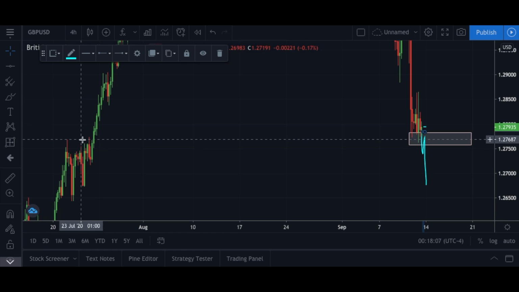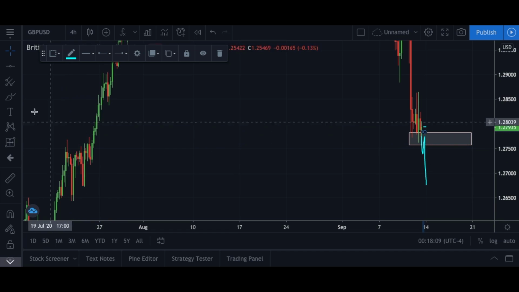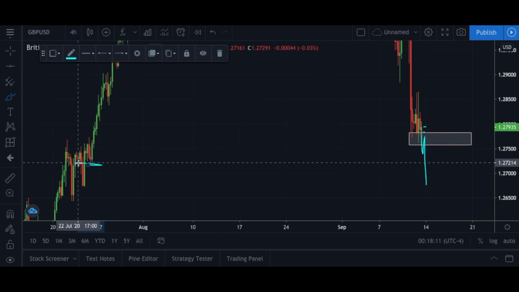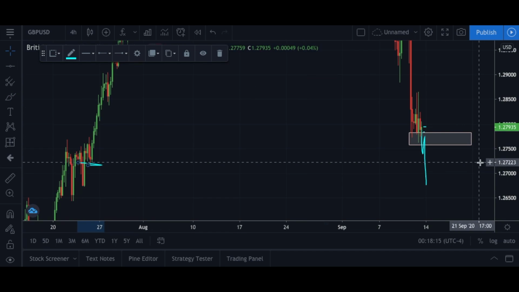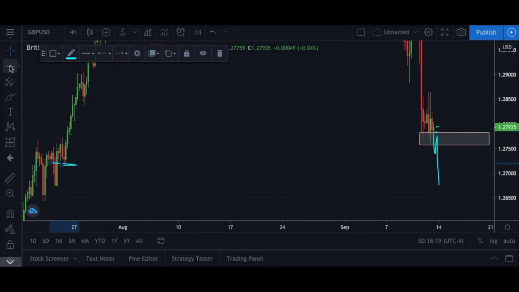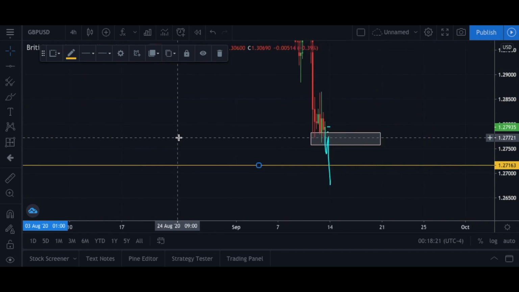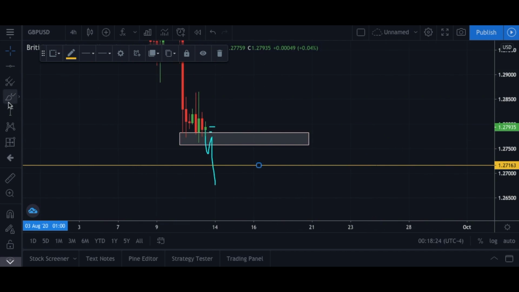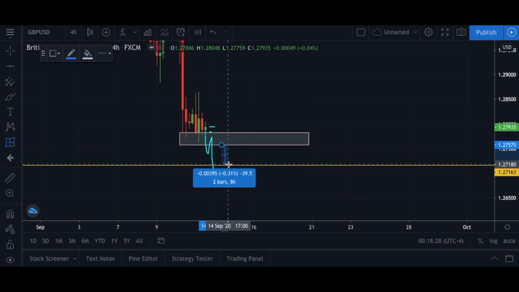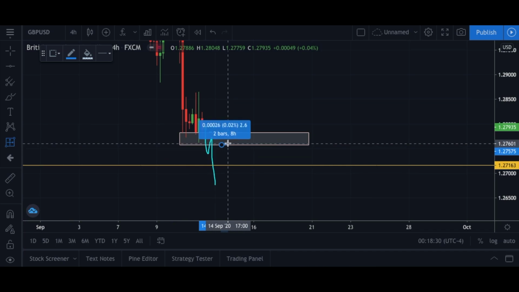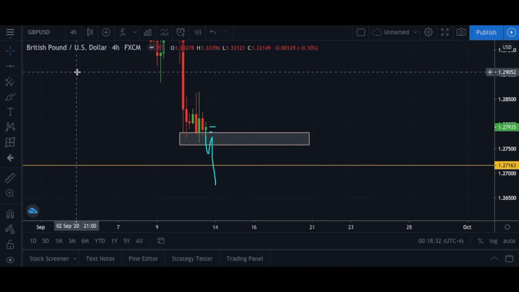If price breaks down a bit below this area, then I see that there's this area. So I can map out my take profit here if that's the case. If that's where I want my take profit, let's say I put it here, then when I'm looking in real time, I map out how many pips that is. Okay, that's 40 pips. Awesome. What's my stop loss? Do whatever you have to do.